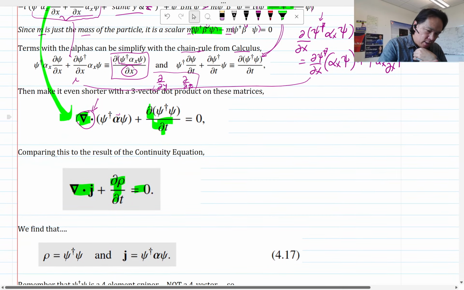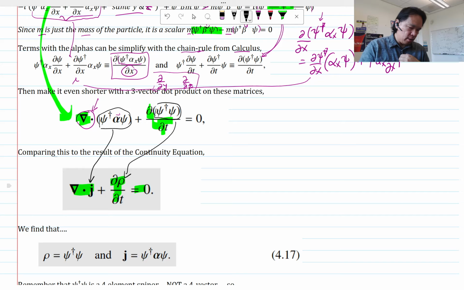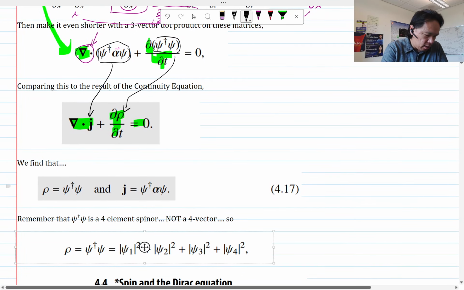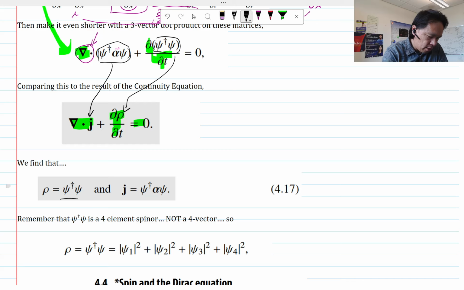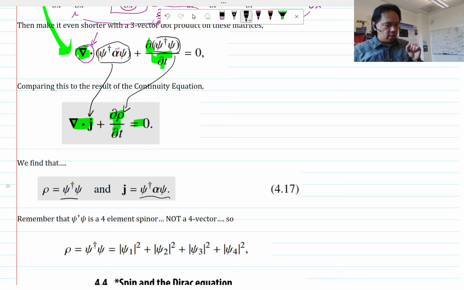By just looking at these two, you can see that this piece has to be the current, and this piece has to be the probability density. And so we find that the probability density for a Dirac spinor state is psi dagger psi, and the probability current density is psi dagger times these alpha matrices, the 3 of them. So there's an alpha x, y, and z, so you have a j x, y, and z also.